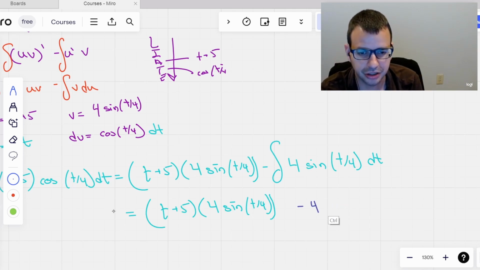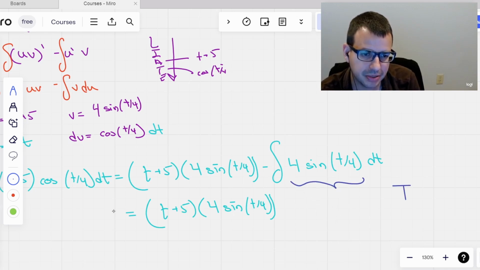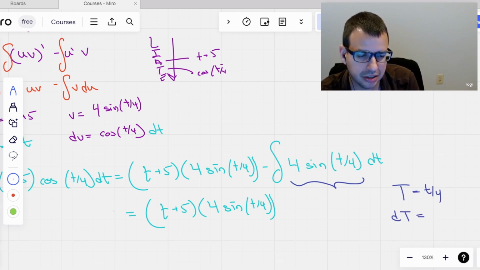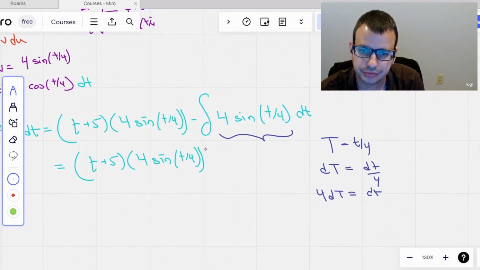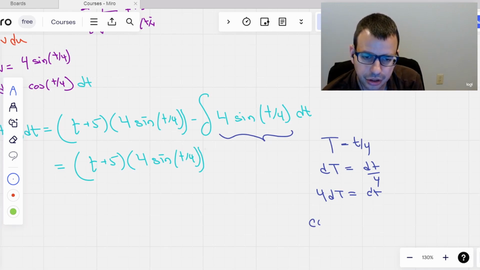I'm actually going to do kind of a sidebar here. So I'm going to say that big T equals t over 4, dT equals dt over 4, for big dT equals dt. All right. So then that becomes cosine.